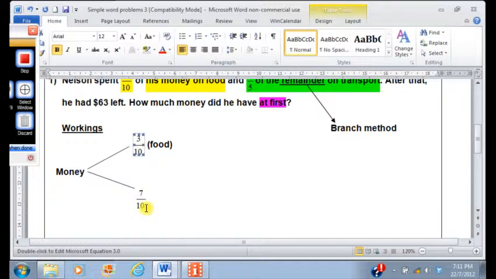The bottom number is 10, so one whole will be 10 out of 10. If this is 3 out of 10, this must be 7 out of 10, so that the two fractions add up to 10 out of 10, which is a whole. This 7 over 10 is your remainder.